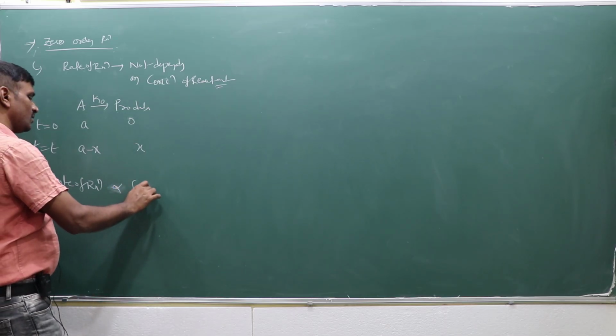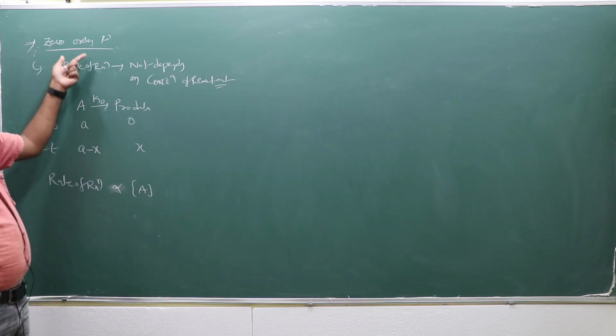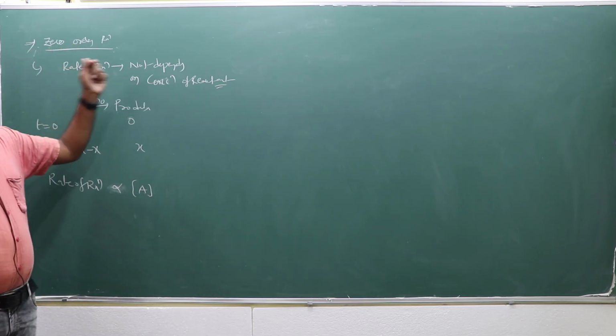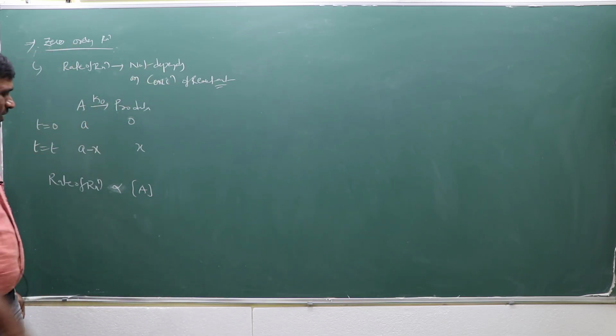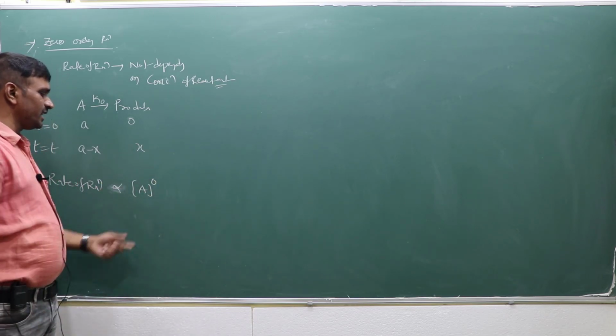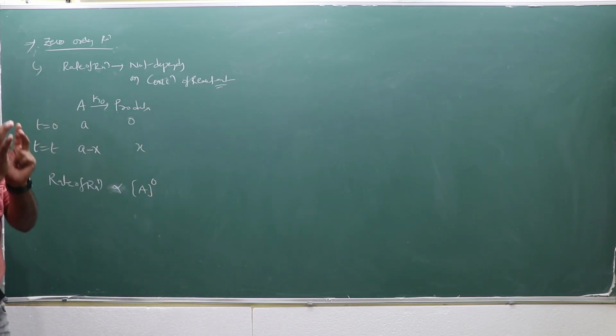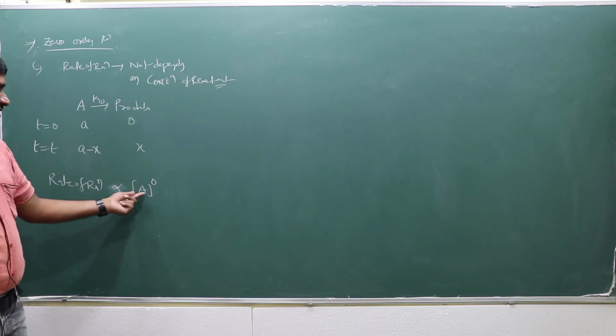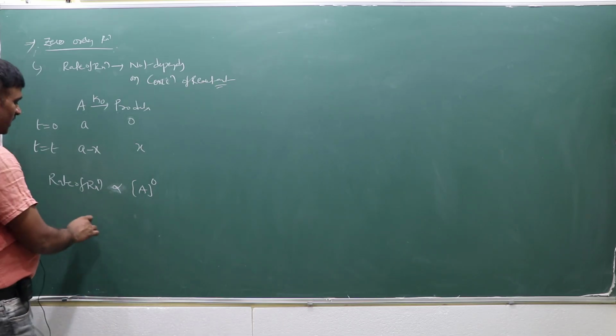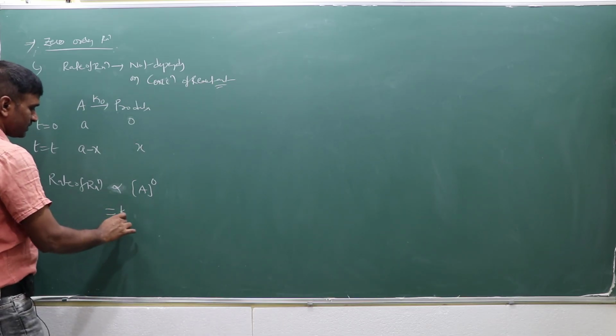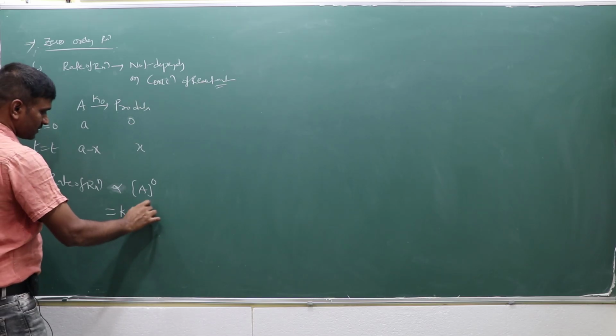So here the reactant molecule is A, but according to the 0 order, the rate of reaction does not depend upon the concentration of the reactant molecule. So that's why we are using A to the power of 0. Something to the power of 0, that value is 1. That means independent. So when proportionality is removed, we have to use k into A naught.